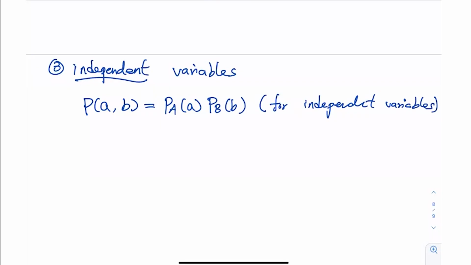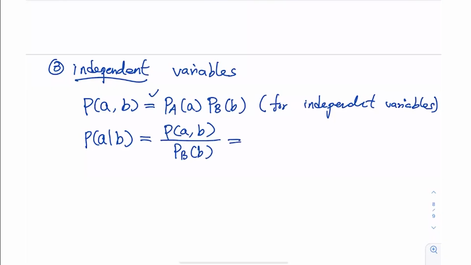Why, if this condition holds, does it mean they are independent random variables? Because you can make a simple derivation about the joint probability, and from our previous derivation it should have this relation.